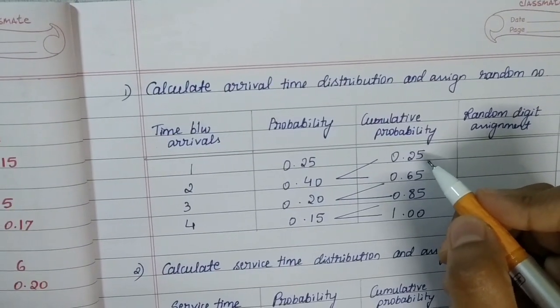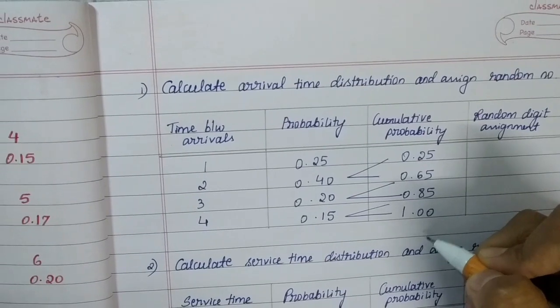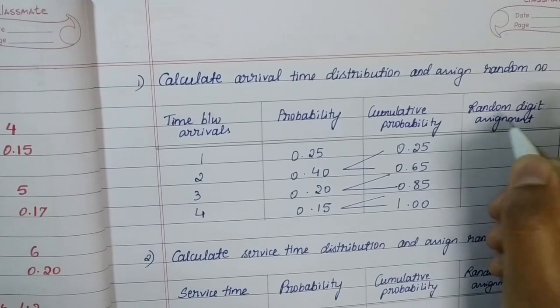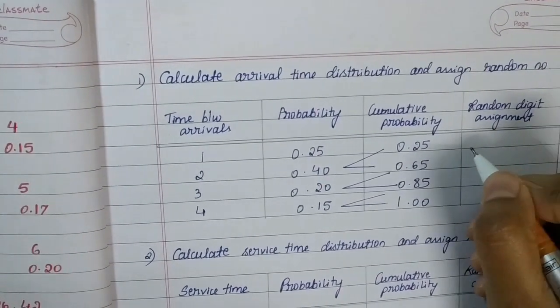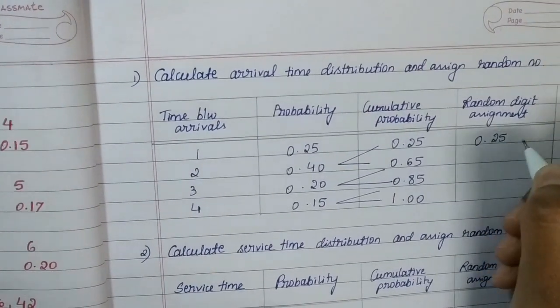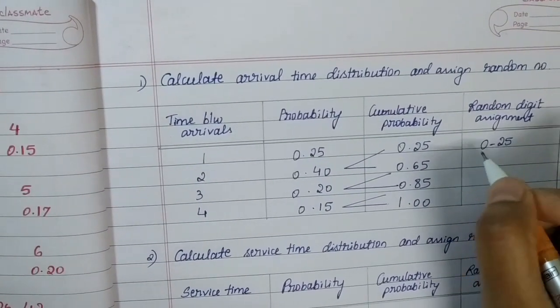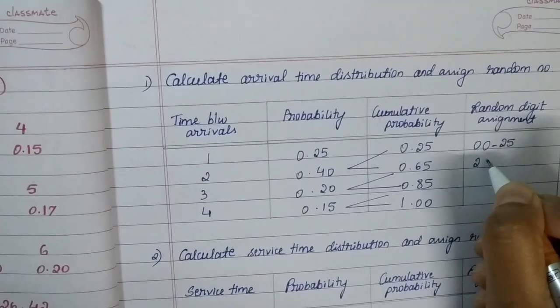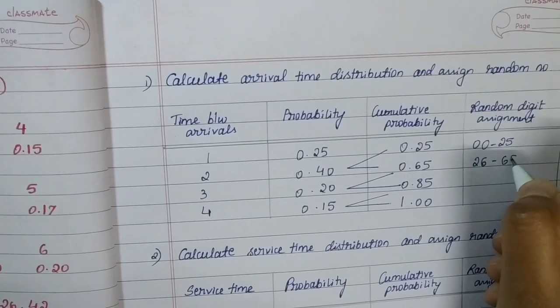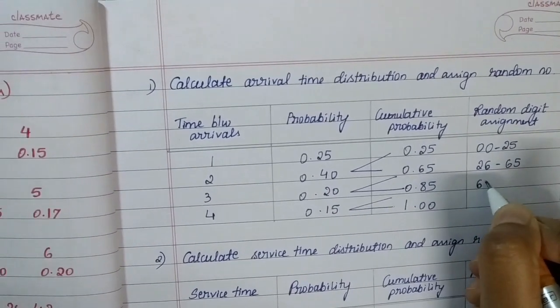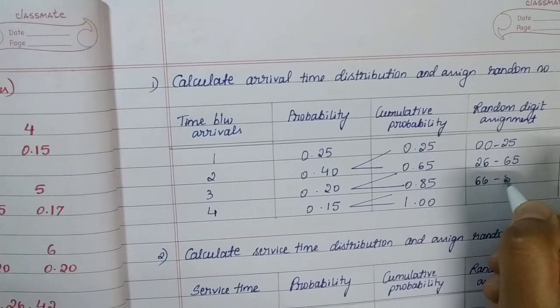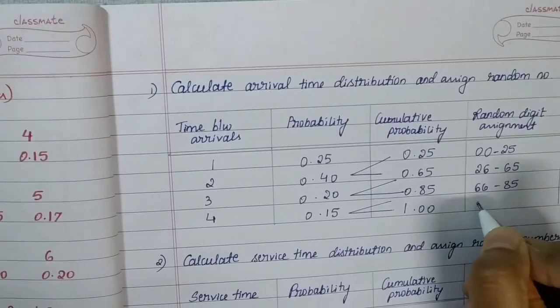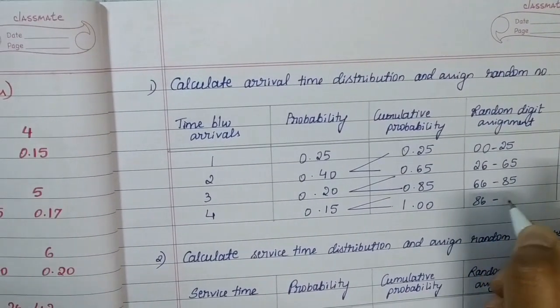So, by looking at cumulative probability values, we can set a range for random digit assignment: 0 to 25, 26 to 65, 66 to 85, 86 to 0.